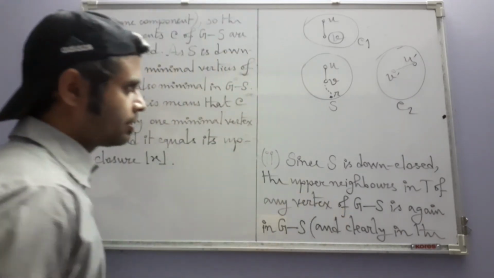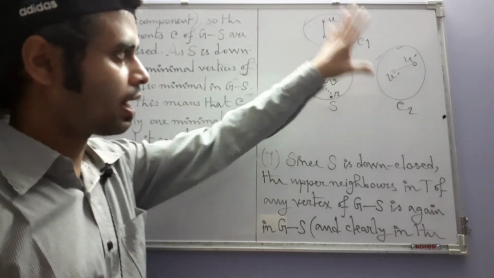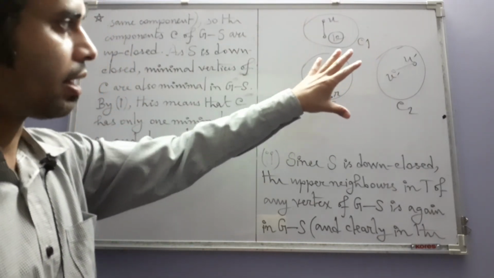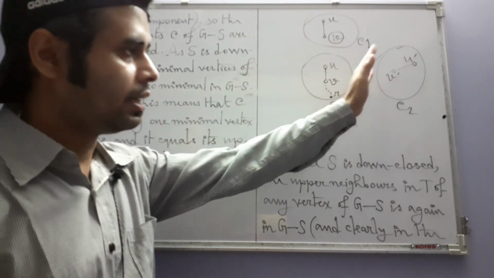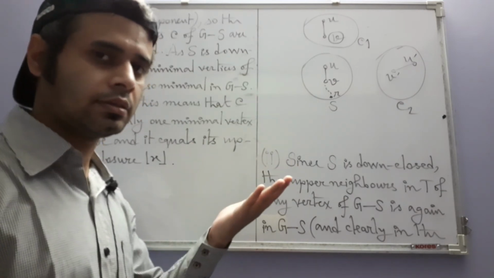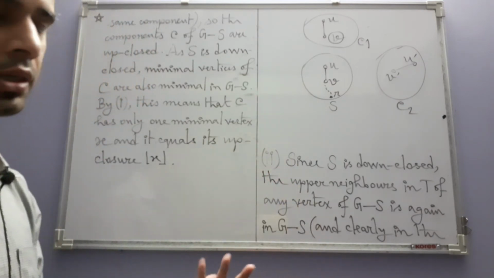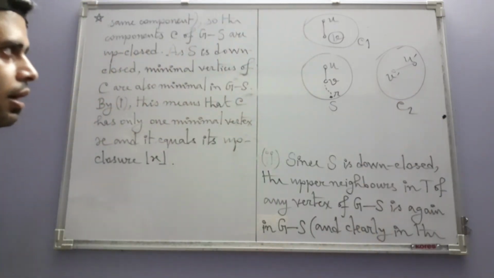So this fact tells us that the components are up closed. Unlike S, which is down closed, these are up closed. Anything you consider, the thing above it, that is also there in the component. Okay, so the components themselves are up closed.